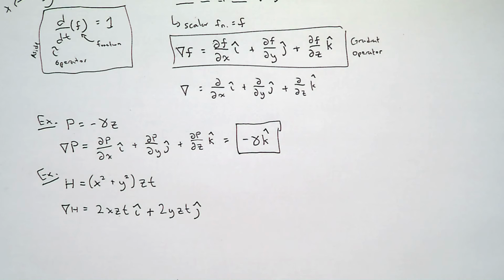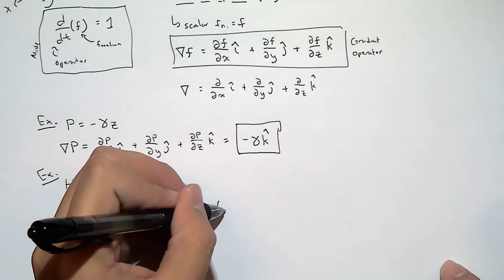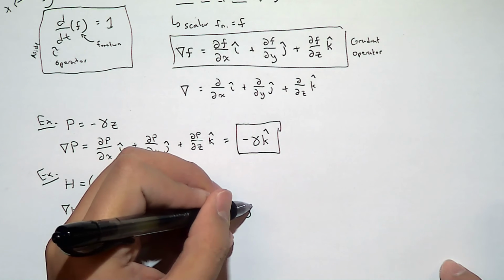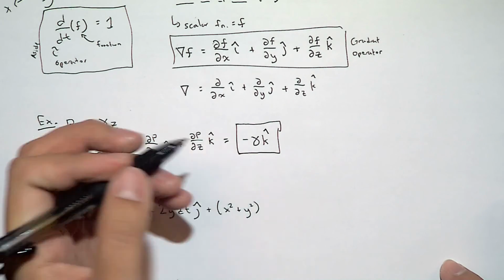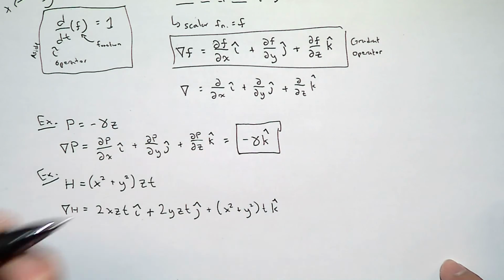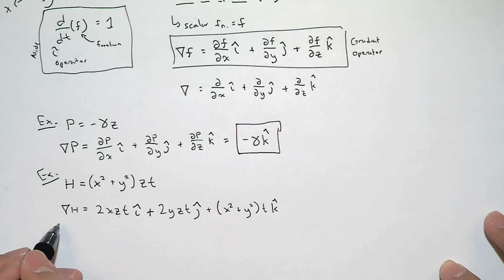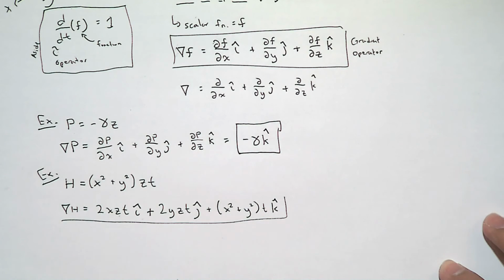J direction. Yep. What else? Shouldn't that be TK? Plus x squared plus y squared t. There we go. X squared t. There we go. Plus x squared plus y squared t. Okay. And this is the gradient of the Harry coefficient.